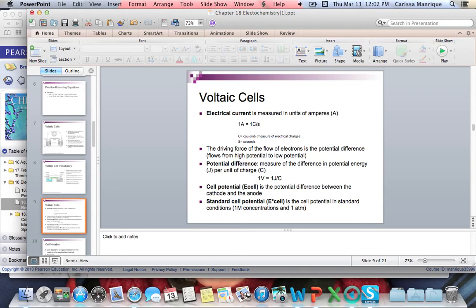There's a calculation for a non-standard cell, where you have a different molarity or a different pressure, but we're just going to focus on the standard cell potential. Remember, anytime something's at standard state, like Gibbs free energy or entropy, you have this degree sign there.